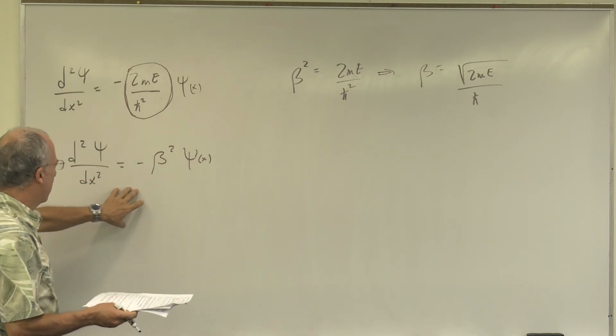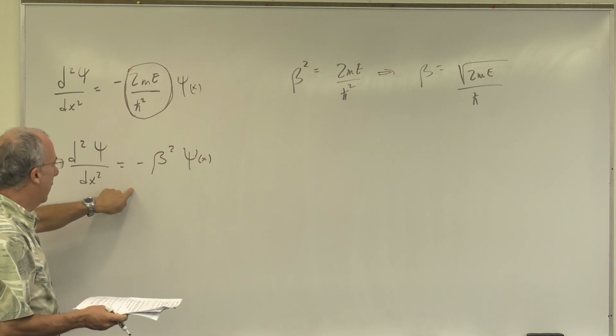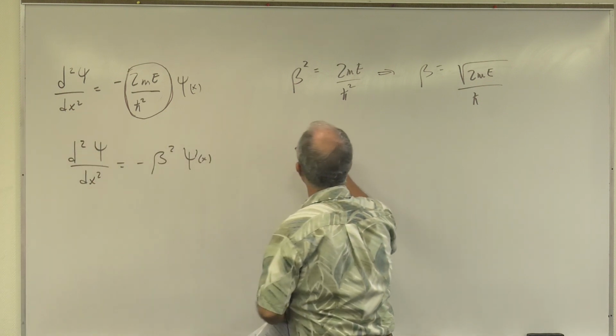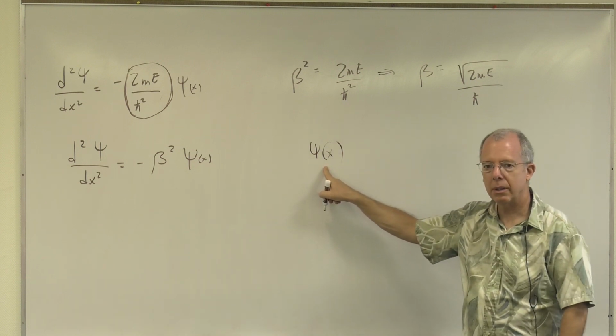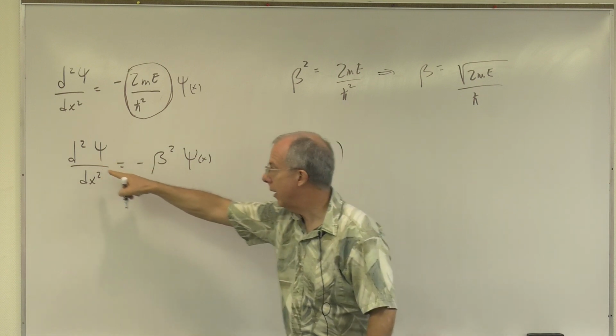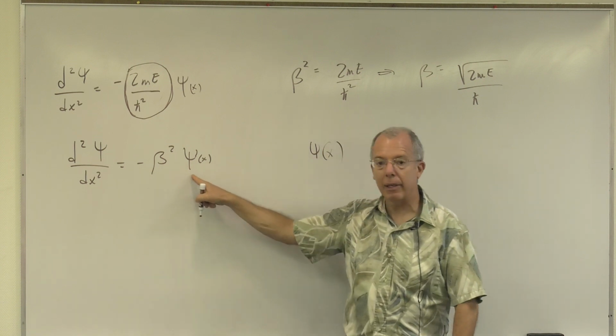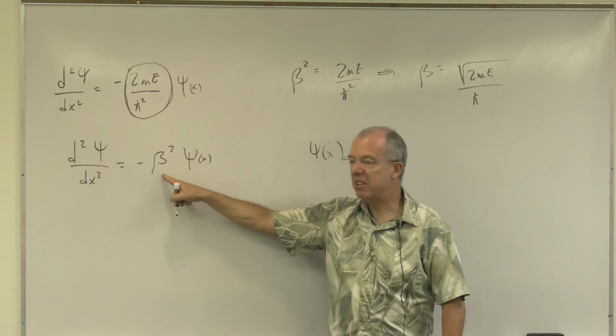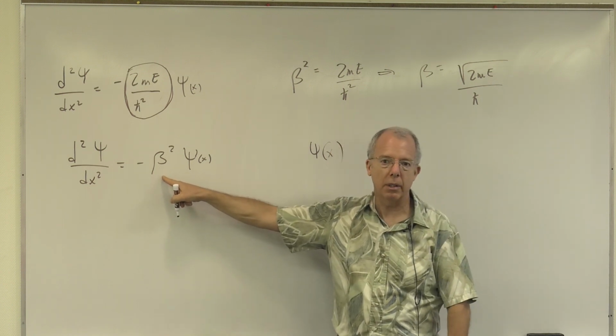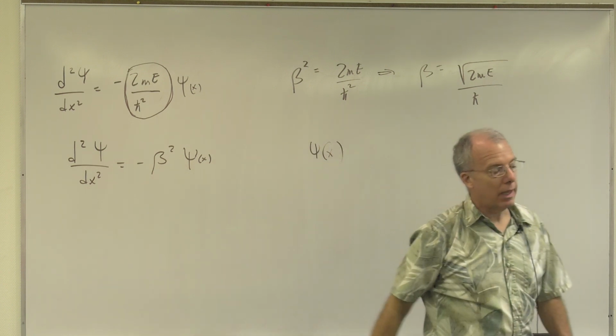So look at this. What does this say? It says you have some function, psi. You differentiate it once, you differentiate it twice. You get the same thing back, only with a minus sign and some coefficient. So think back to your math classes.